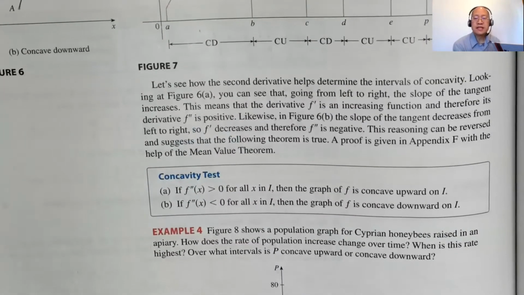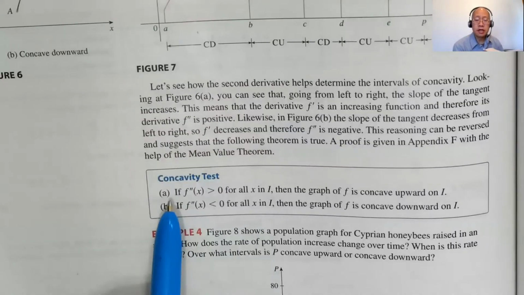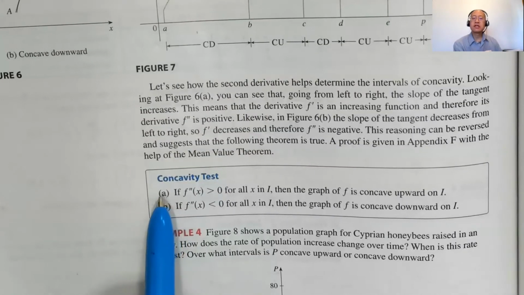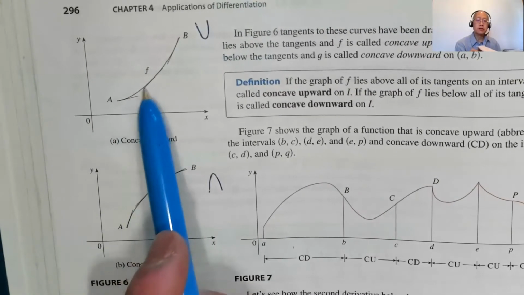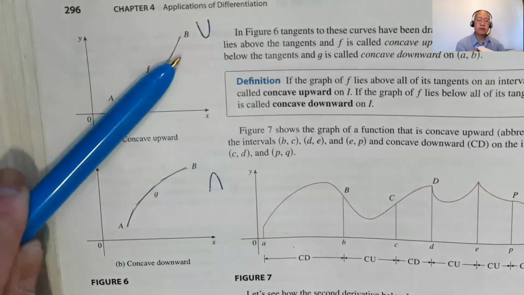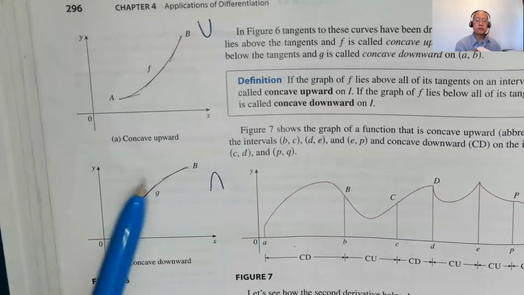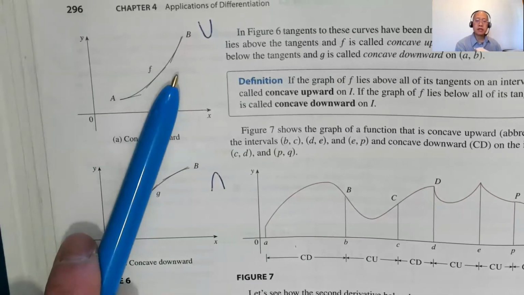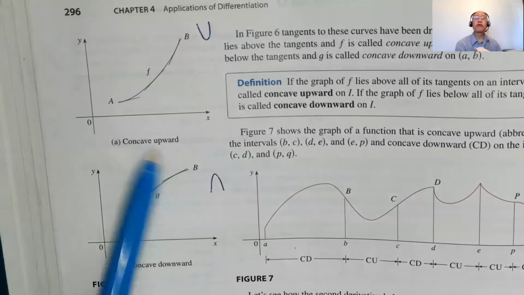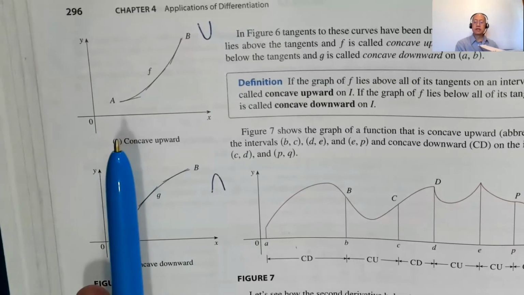Now, the second derivative is what controls concavity. It's the rate of change of the slope. So if you look at this situation, the slopes are increasing. It's getting steeper and steeper. Here, the slopes are decreasing, smaller and smaller. Okay? It's like saying f prime is increasing, f prime is decreasing, or rate of change of f prime, which is f double prime, positive or negative.